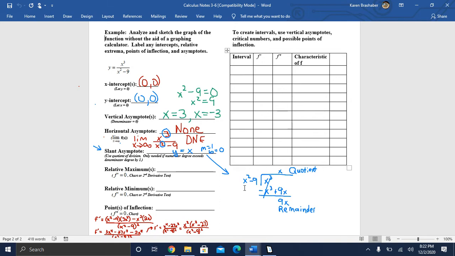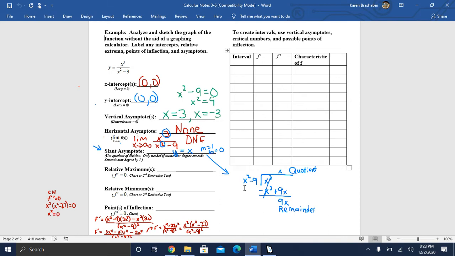So to get your critical numbers, remember, we have to set f prime equal to 0. In this case, that would just be your numerator. So we'll have x squared times x squared minus 27 set equal to 0. So that means we can set each part equal to 0.